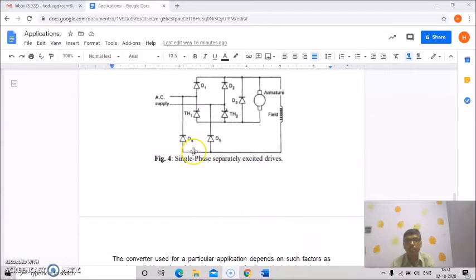So basically this is the field, okay, this is the field here, supplied by a diode bridge, and this is for the armature voltage.